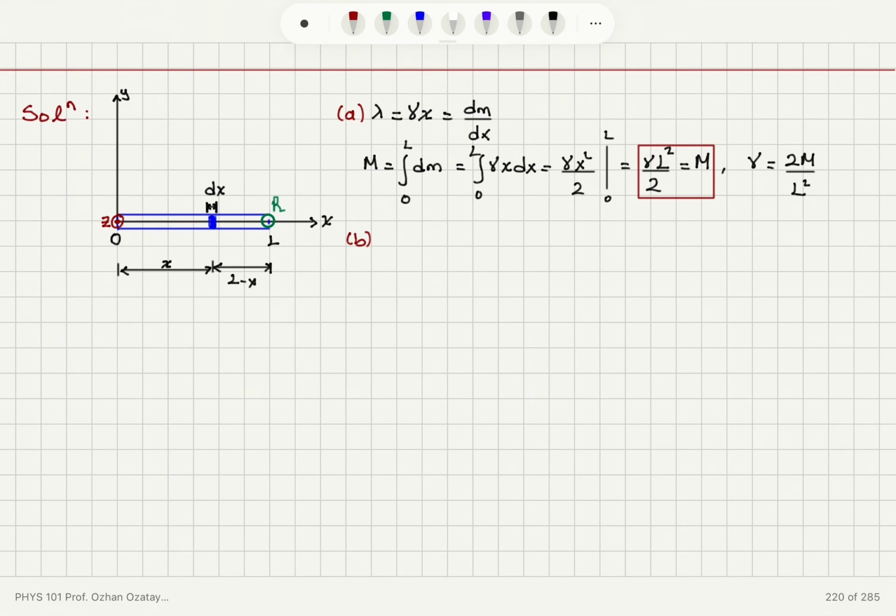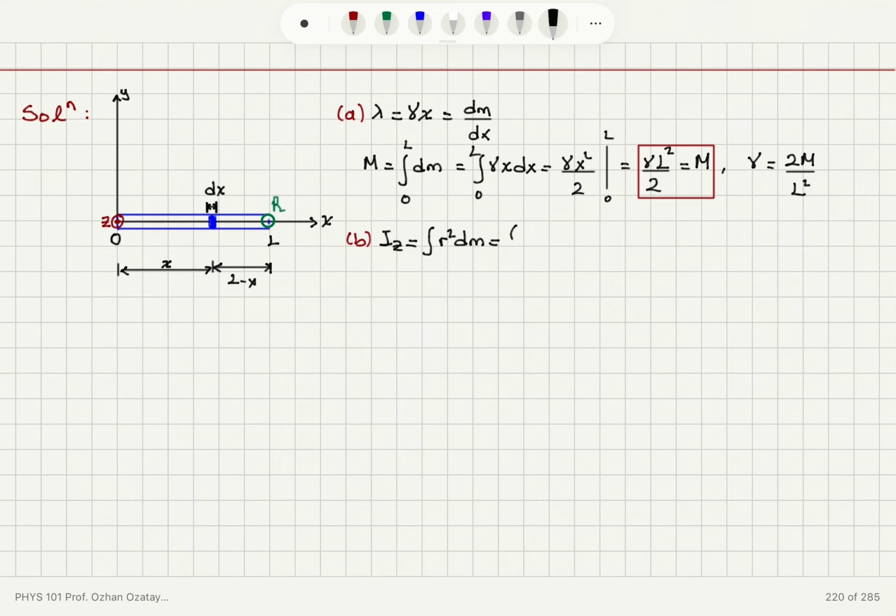Now, at the left end, we have this z-axis, which is our rotation axis, perpendicular to the plane. So the moment of inertia with respect to the z-axis will be the integral of r squared dm.